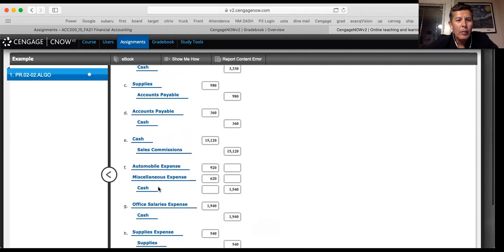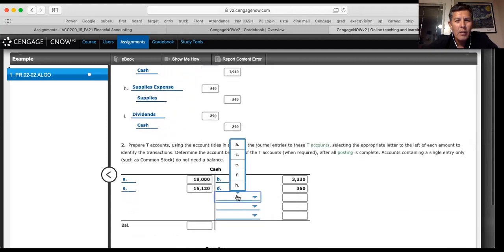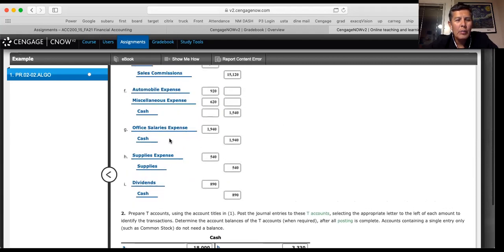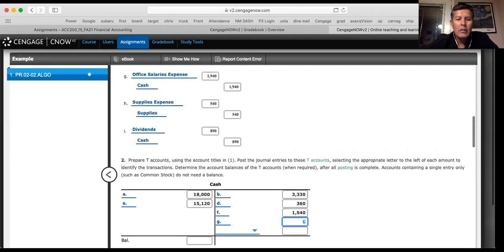Now that was E. F, we paid out cash for our automobile and miscellaneous of 1540. So F, 1540. Now G, again we paid out cash of 1940. G, 1940. I know I'm doing this fast because I've done this quite often, so I do know what's going on and where this goes.